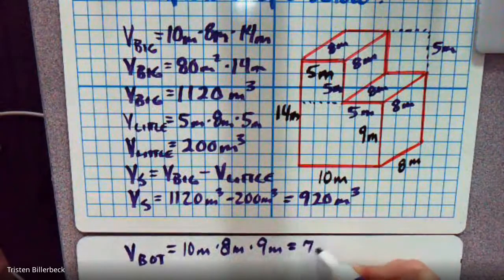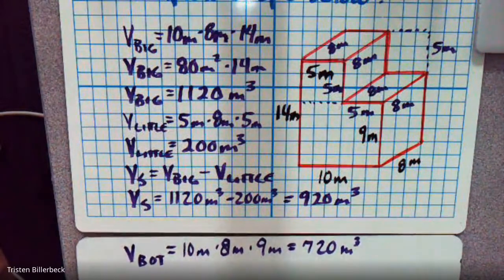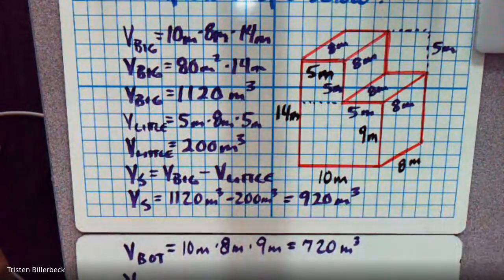So that gives us 720 meters cubed, because 8 times 9 is 72, and then times 10 is 720. Now this little one here, so the volume of the little, or let's say top.